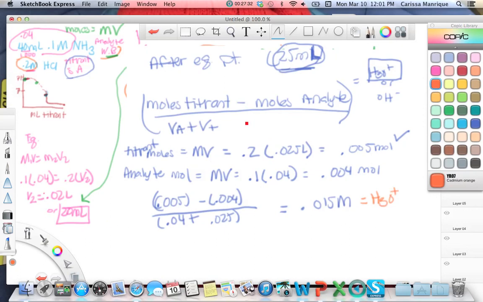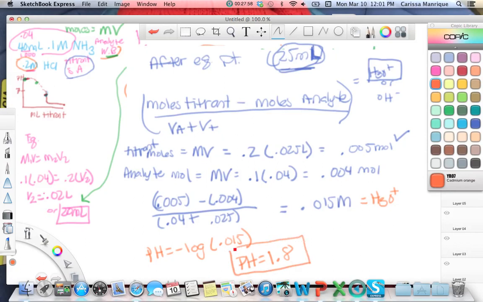So now all we have to do is plug this into our pH equation. pH equals negative log of H3O+, and our H3O+ is 0.015. So negative log of this answer, and I get pH is about 1.8.